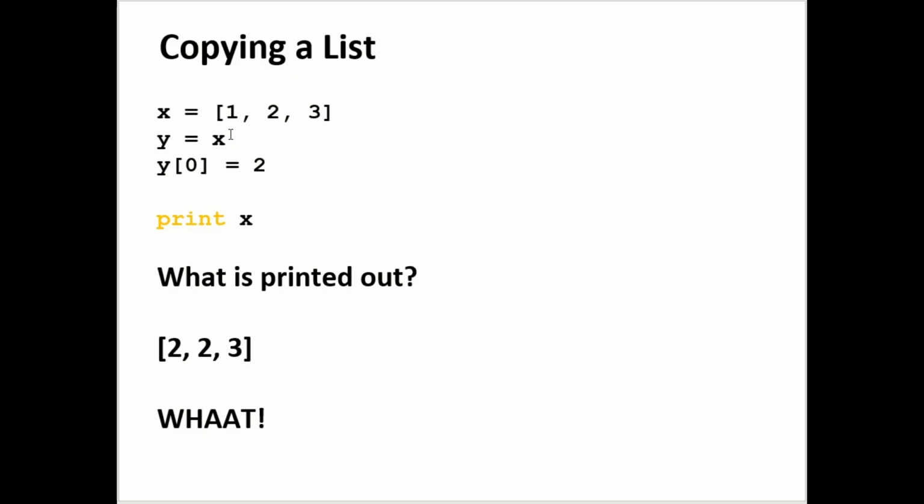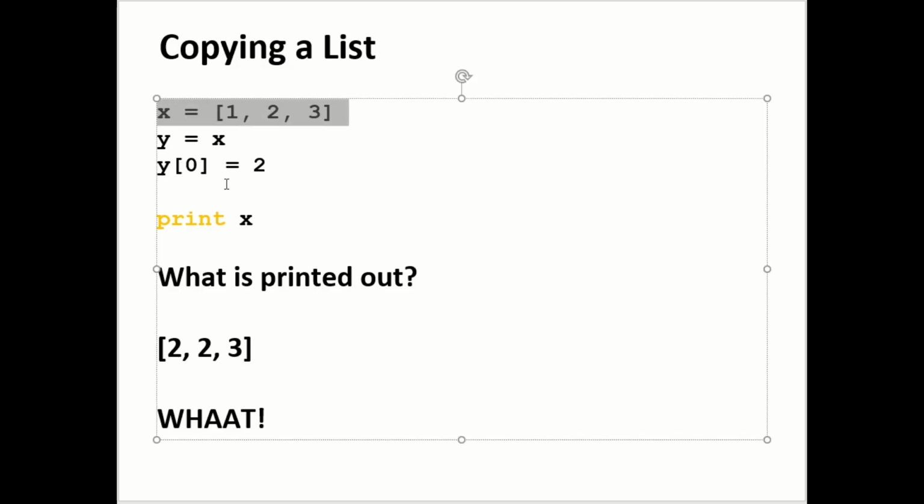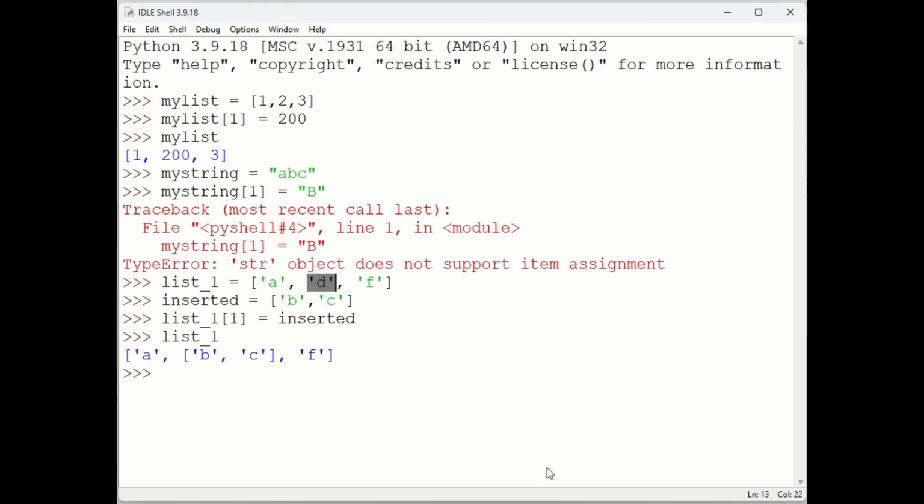So when you copy a list, you can do so like this. X is the integers 1, 2, 3 in a list. Y equals X. Because lists are mutable, you can change the leftmost, the 0 index value of Y to be a 2. If you print it out, you're going to get 2, 2, 3.